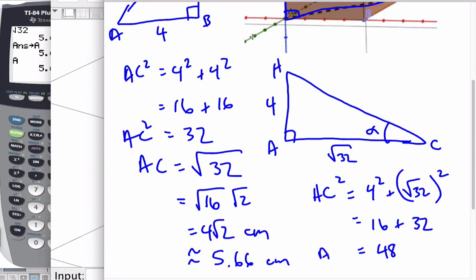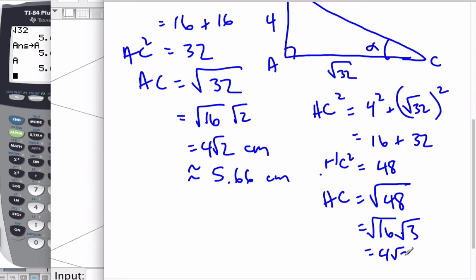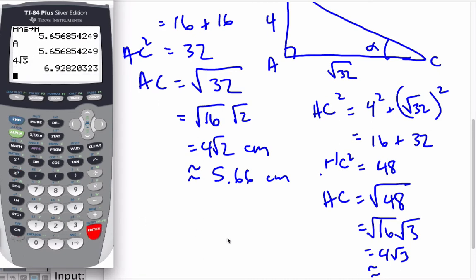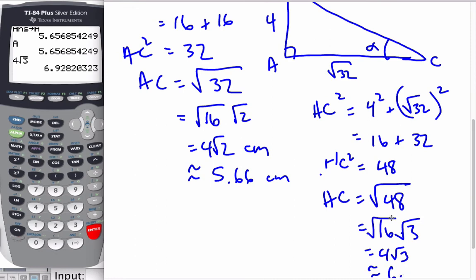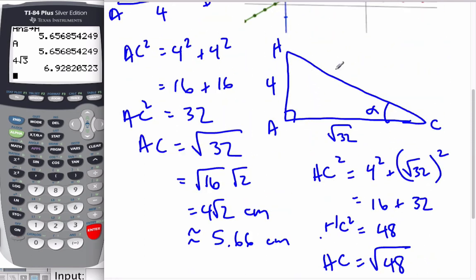So HC squared is 48, then HC is the square root of 48, which I know is 16 times 3, which is 4 root 3, or approximately, 4 square root 3 gives 6.93 centimeters to 3 significant figures. And so now I have HC.